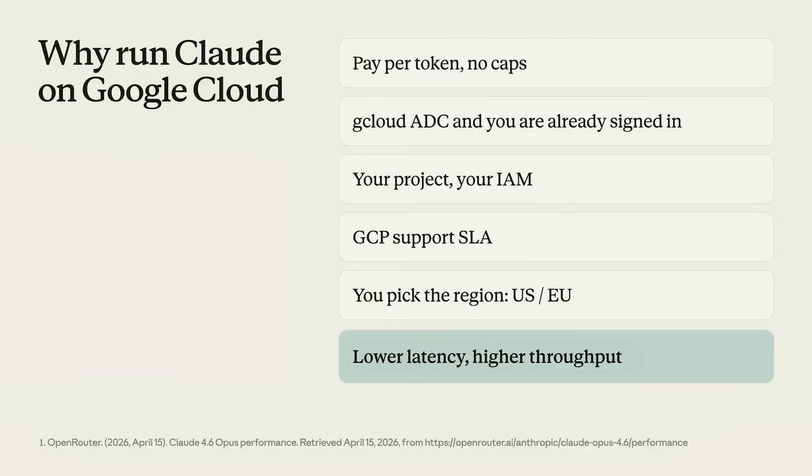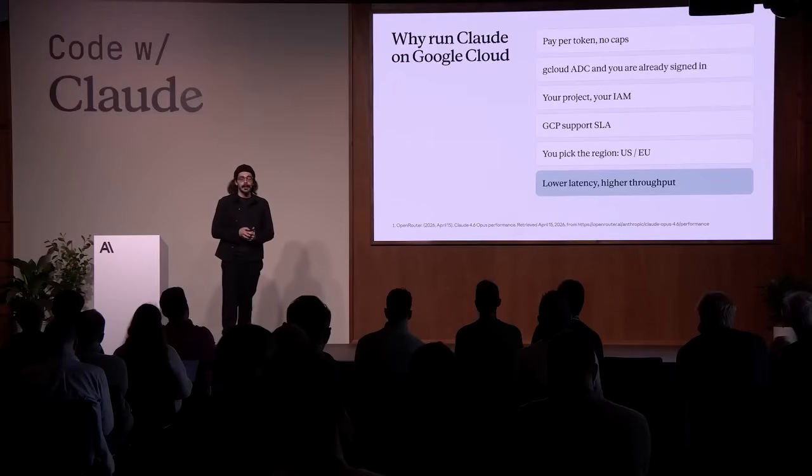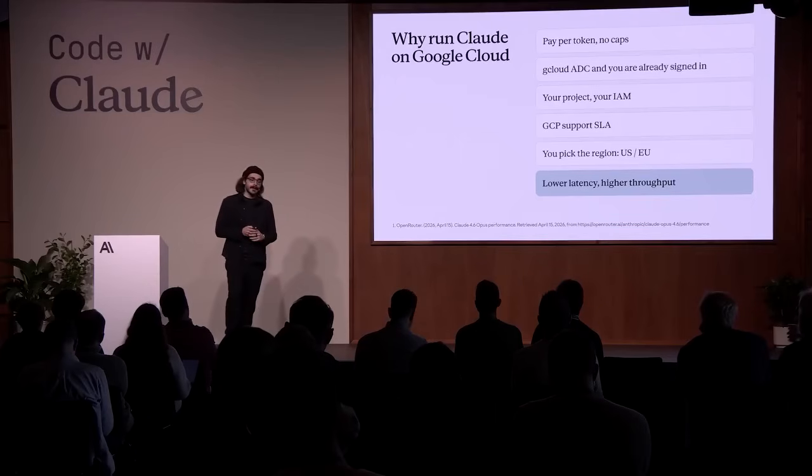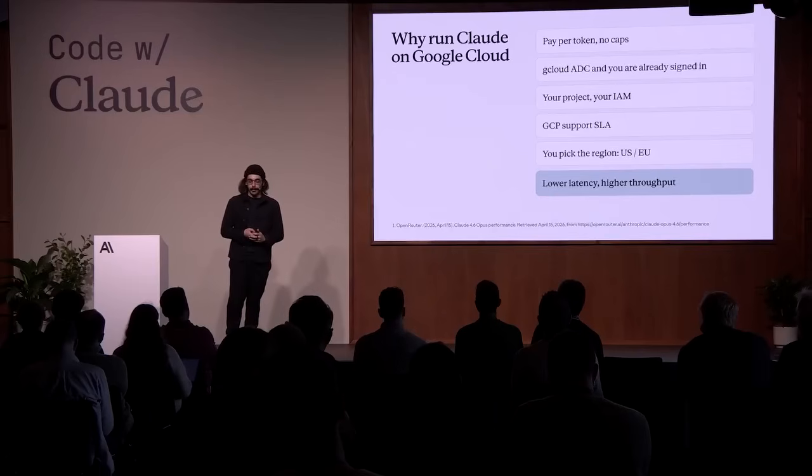You can pick and choose depending on where you are developing. And last but not least, talking about high availability, Google Cloud supports high quality and availability service standards in serving Claude models, making the platform one of the best places where you can run or get access to Claude models in the market. So I hope these are a few reasons that convince you to consider using Claude models on Google Cloud.